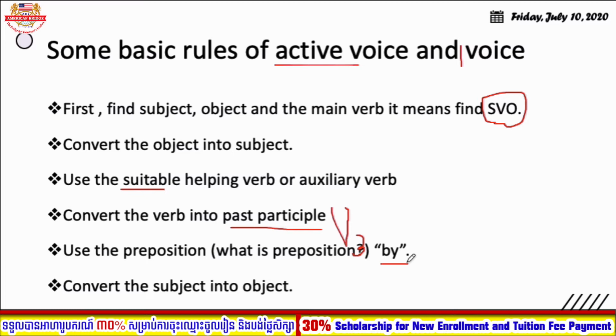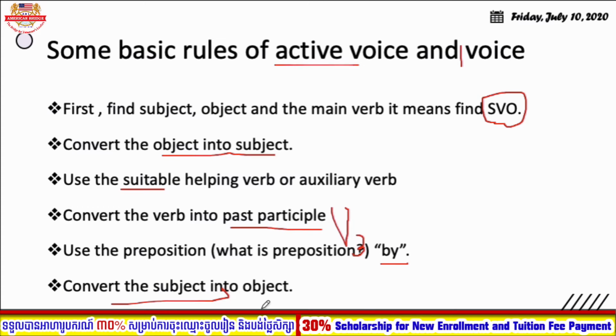Last but not least, you need to convert the subject into the object. First you convert the object to become the subject, and then if you decide to use the preposition in your sentence, you need to convert the subject of your original active sentence to become the object of your new passive form.